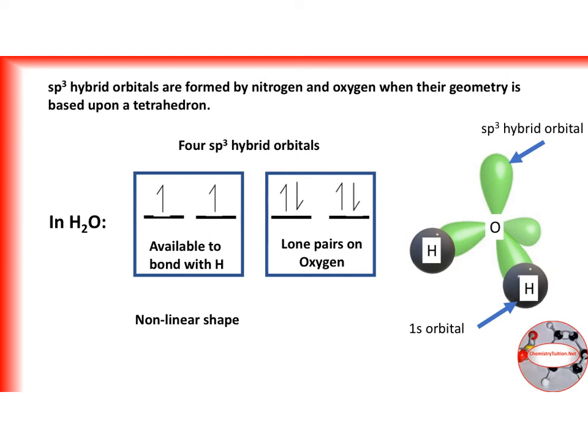So those orbitals will not participate in bonding. However, the other two will bond with the hydrogen. So that's why water has a non-linear shape: it's based on a tetrahedron, but two of those hybrid orbitals are occupied with lone pairs on the oxygen atom.